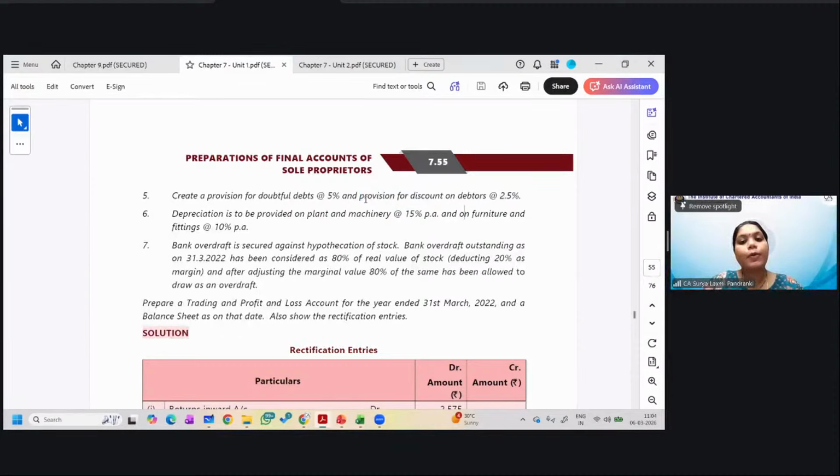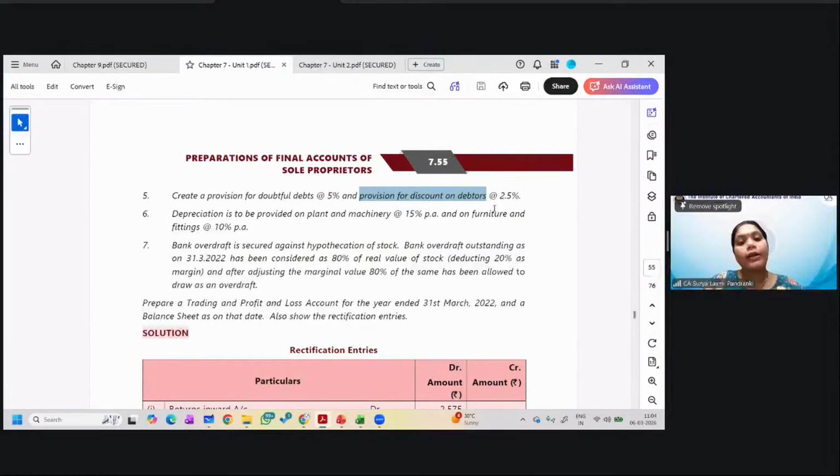But what is this provision for discount on debtors? This is something different. I think one of the students was asking in the last class about provision for bad debts. Provision for bad debts or provision for doubtful debts will almost go as interchangeable words. But provision for discount on debtors is a different term.